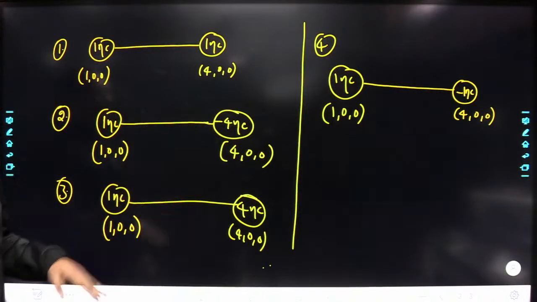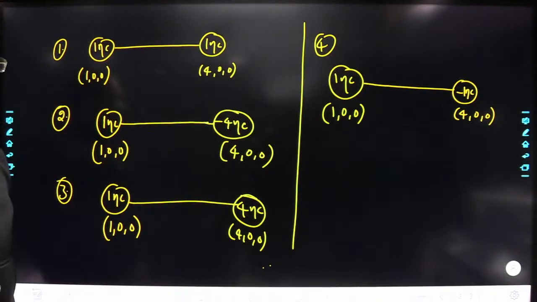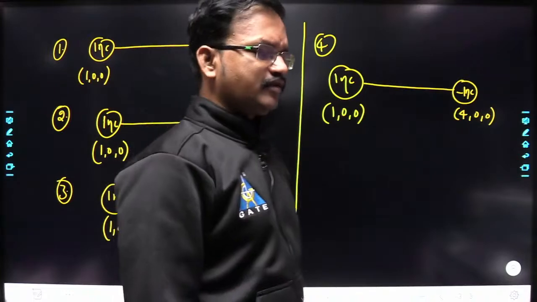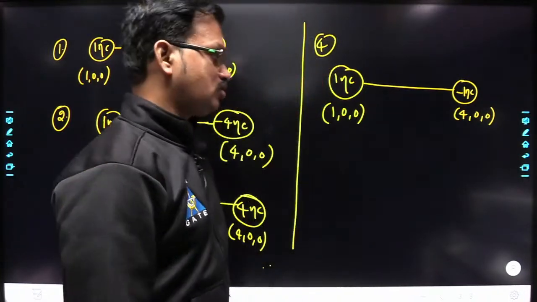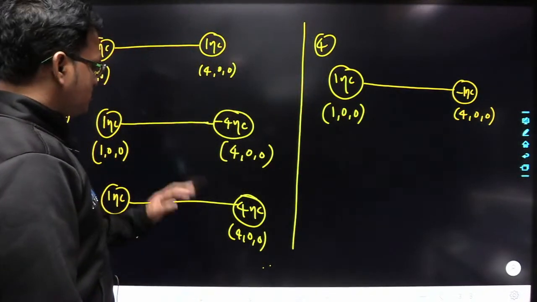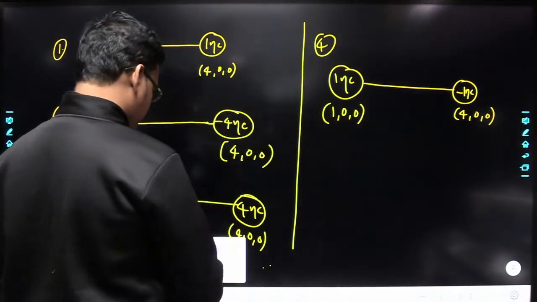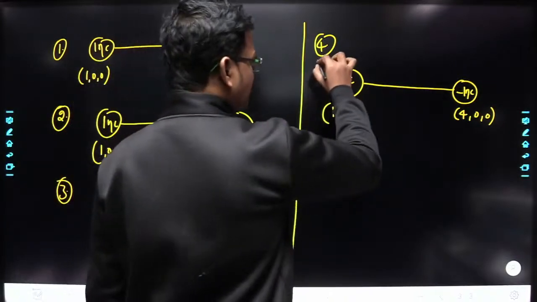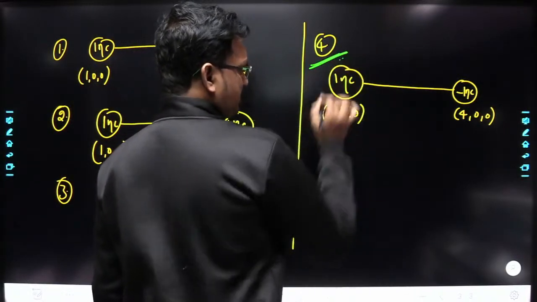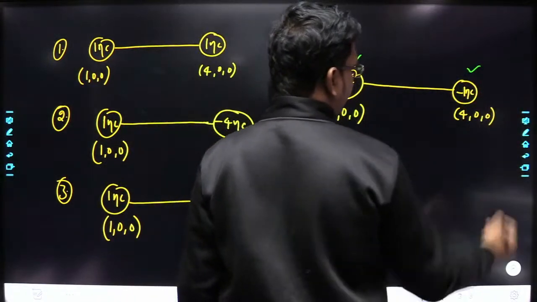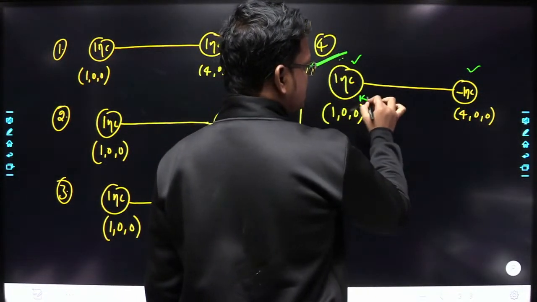For all these charge configurations, we tried to determine the point where the net electric field is equal to 0, yes or no? These are the problems we solved in the previous session, and we observed that for this configuration, with 1 nanocoulomb and minus 1 nanocoulomb separated by some distance r, right?